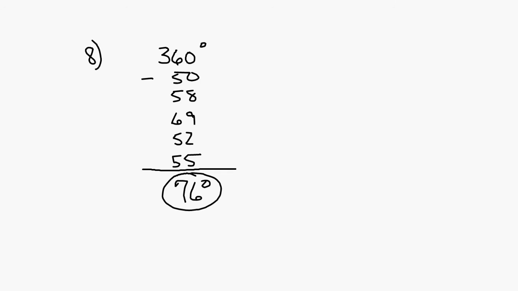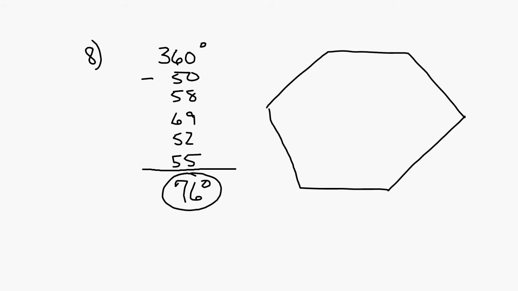Hexagon has 6 sides. If you extend one of these sides, one of the exterior angles in this shape is 76 degrees. But the question is, what is the measure of the interior angle adjacent to the 6th exterior angle? So they're asking for this angle measure right here.